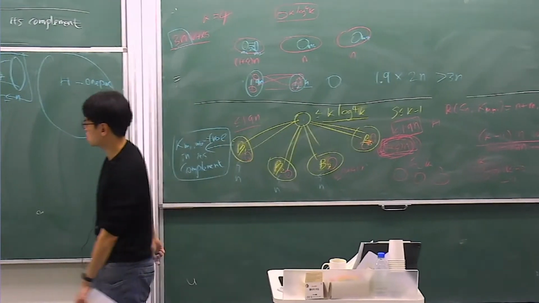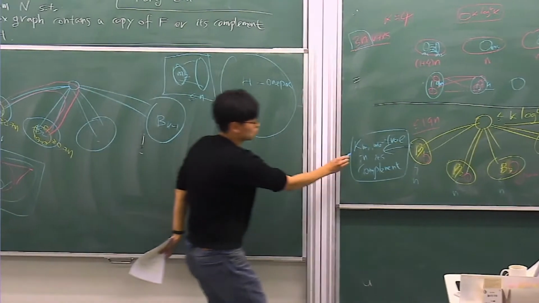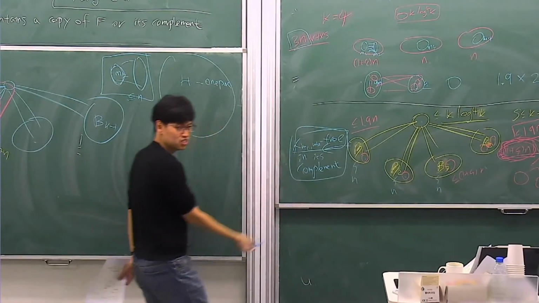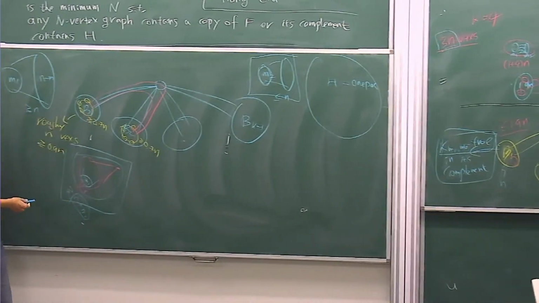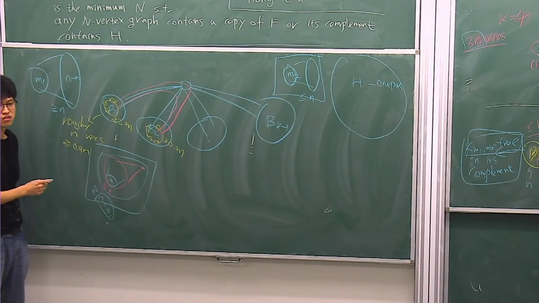So using this and this condition, wait, do we even use that? Yeah, anyway, you use that and this, and we apply the K equal 2 case. Pokrovskiy and Sudakov proved that when K equal 2, if this one doesn't contain this bipartite graph in its complement, then you find the cycle of length n. So you can find the cycle of length n here.